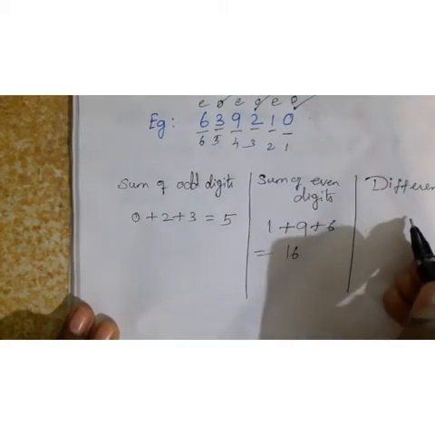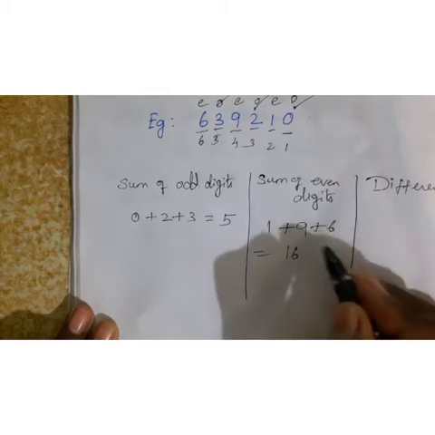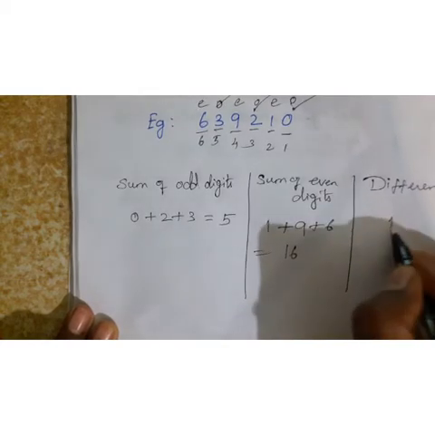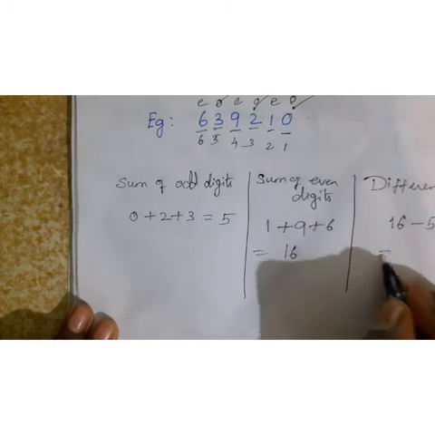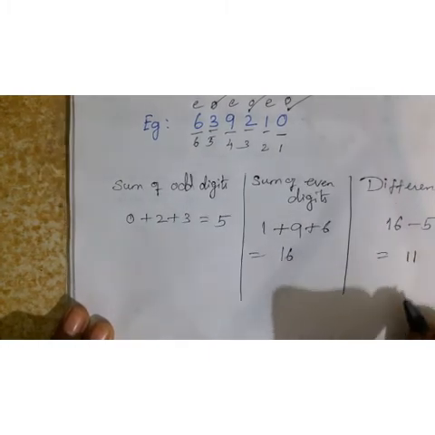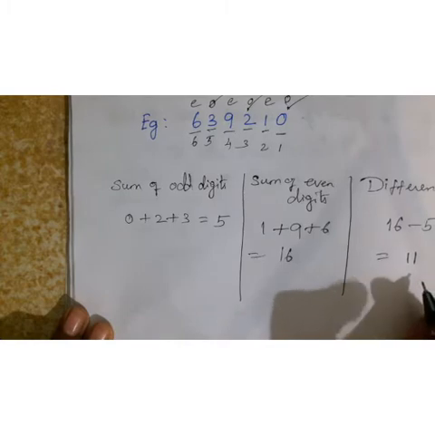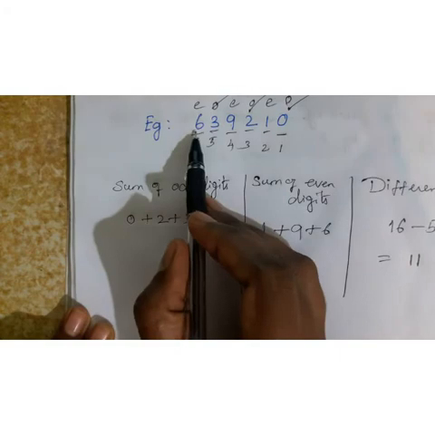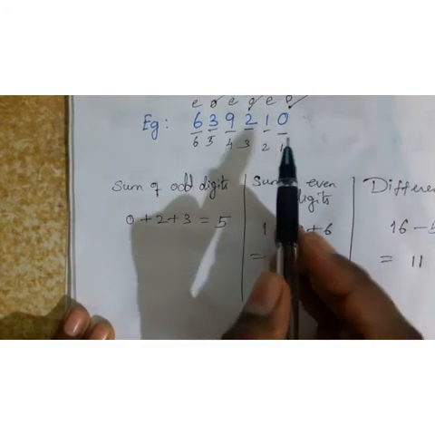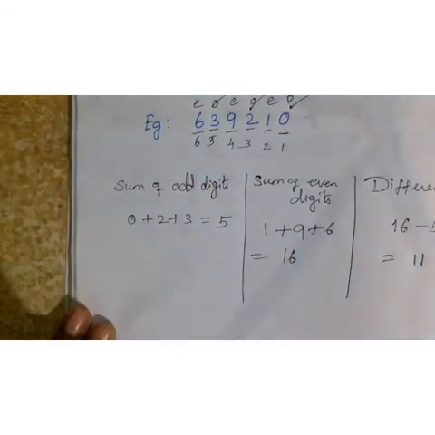So find the difference between the sum of even digits and the sum of odd digits. 16 minus 5 is equal to 11. Since the difference is 11, and 11 is divisible by 11, hence 639210 is divisible by 11.